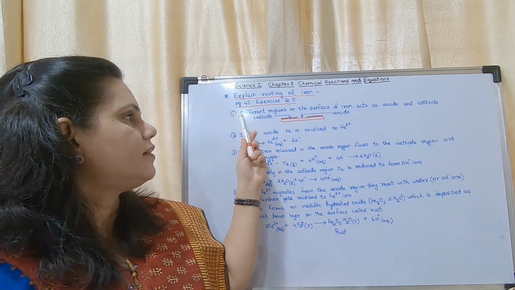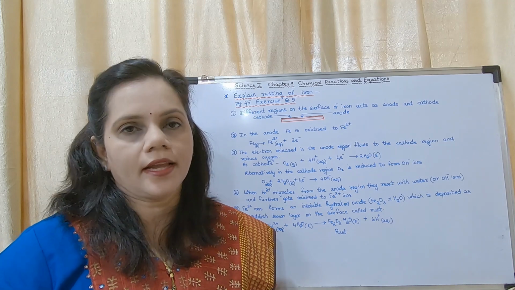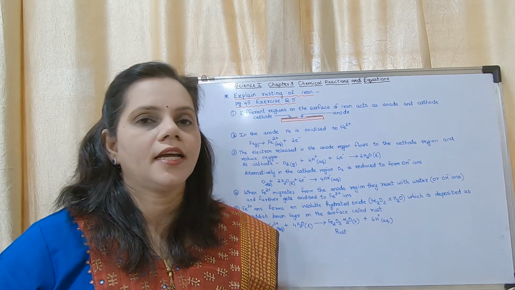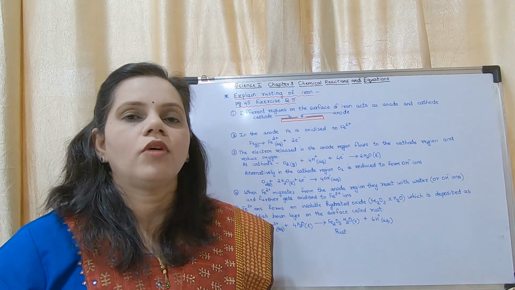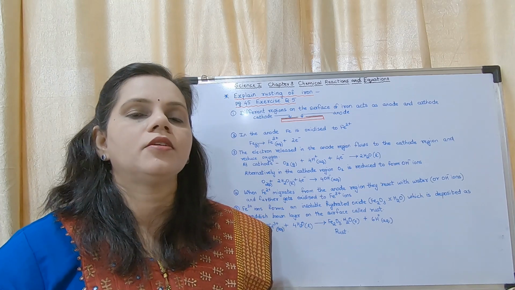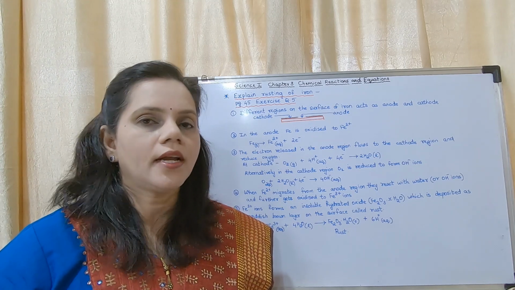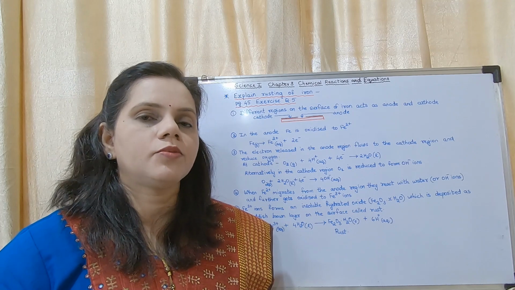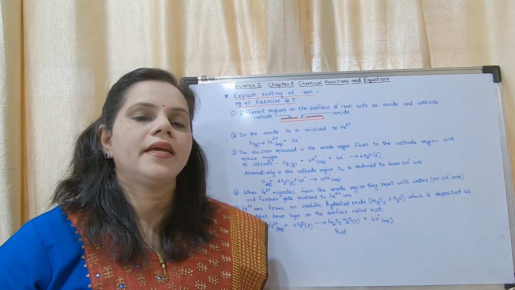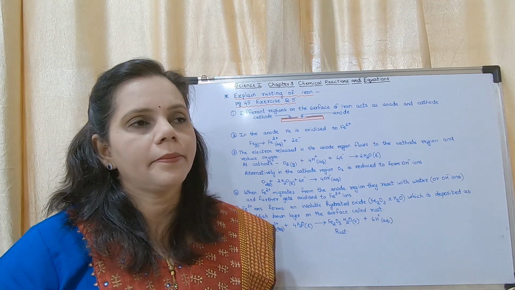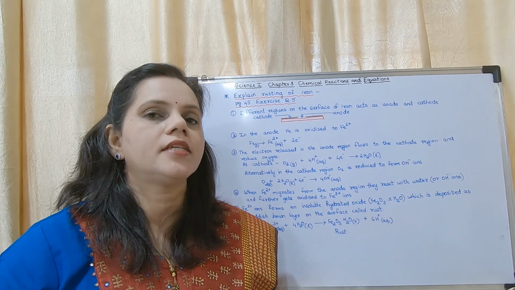Now we will see. Different regions on the surface of iron act as anode and cathode. In some cases the iron material could be painted, isn't it? What is the purpose of painting? The purpose of painting is to prevent the exposure of iron to the atmosphere. But at times the paint might get peeled off, or there might be some small regions where the paint is not there, it is open.